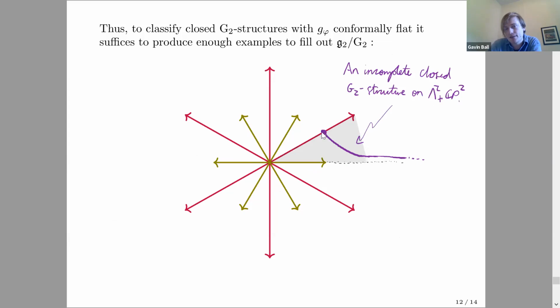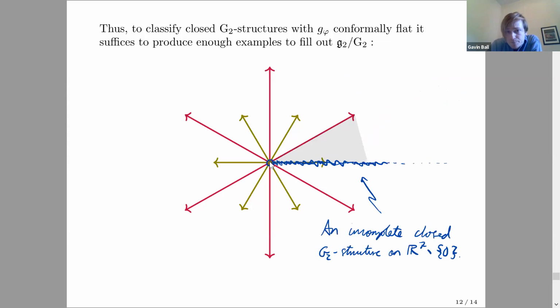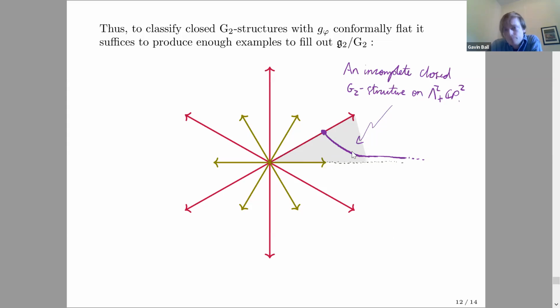So it starts at some point on this maroon line, and then it travels. So this is what happens at the 0 section. And then it travels out and is asymptotic to this other line. And rescaling my metric rescales the torsion function. So using these three, this black dot, this blue line, and this purple line, together with scaling, I can fill out the entire gray area.